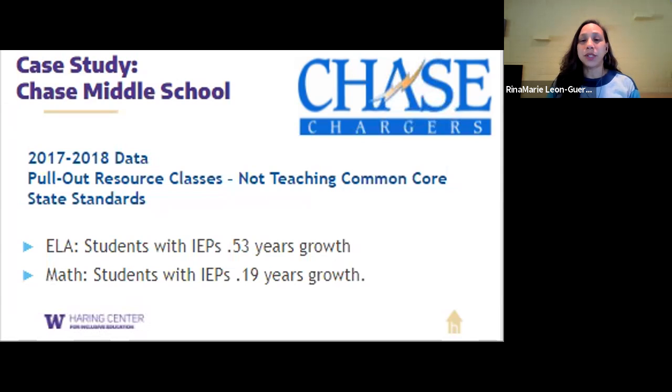For math, students receiving IEP services made only 0.19 years growth in 1 year. The data showed that students not accessing Common Core state standards were making half a year or significantly less growth. This was not acceptable, and Chase Middle School made the decision to focus on ensuring all students received equitable instruction by receiving instruction on the Common Core standards.